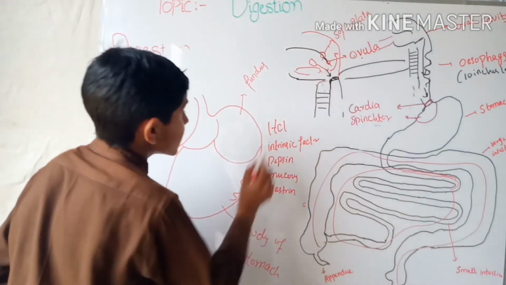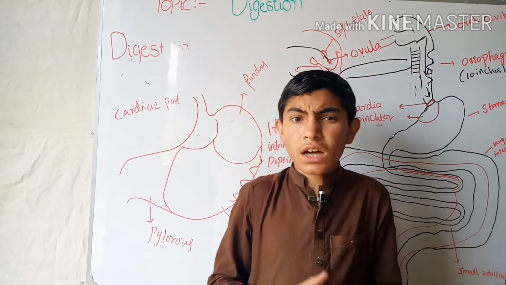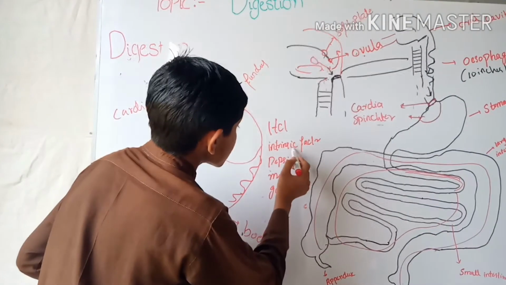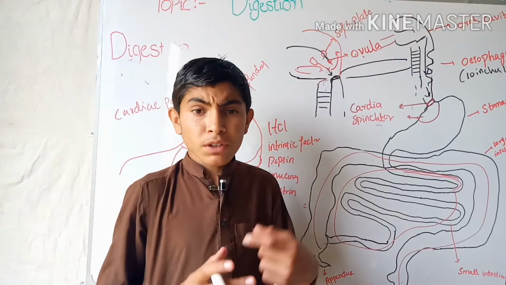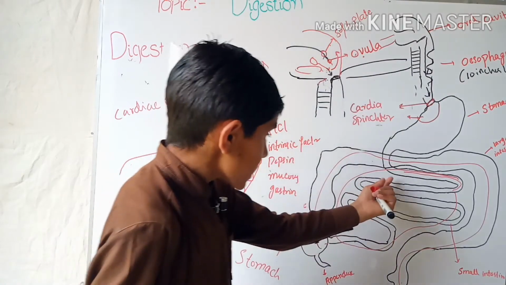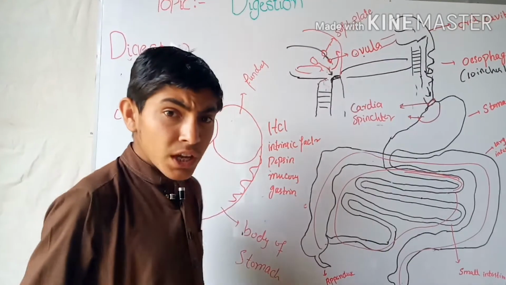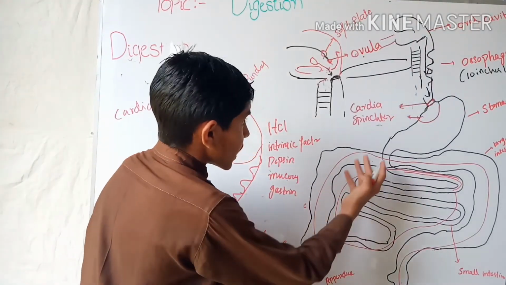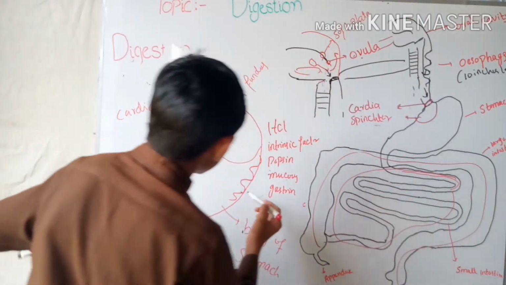HCl breaks down protein and other molecules into small substances, and the intrinsic factor is mainly involved in the absorption of vitamin B12 in the small intestine, and pepsin is involved in the breakdown of protein into amino acids, and mucus is involved in lubricating the walls of the stomach.